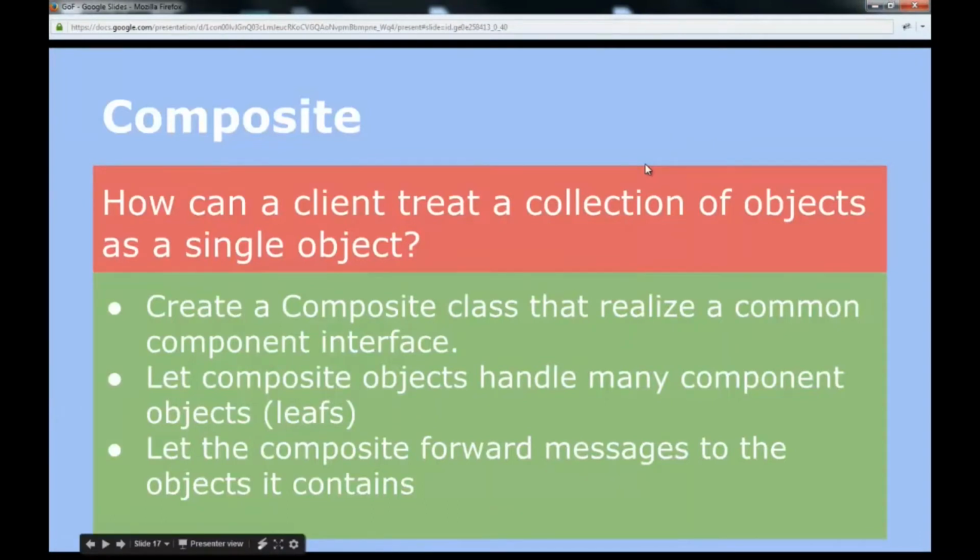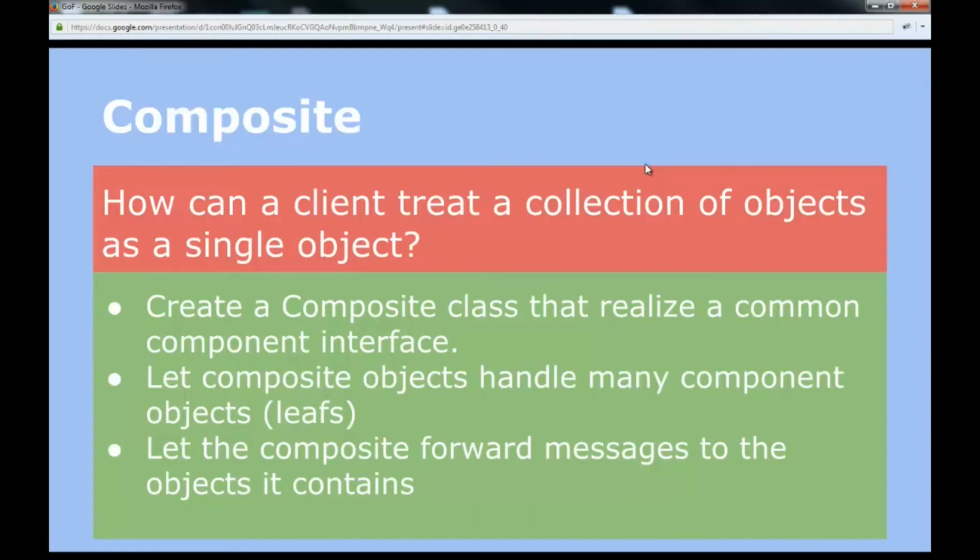And to do this, we create the composite class that realizes the common component interface. In our example, it will be the IShape interface. So the composite should realize this component interface. We let the composite object handle many component objects, leaves. So inside the composite, we can add new shapes to be handled.